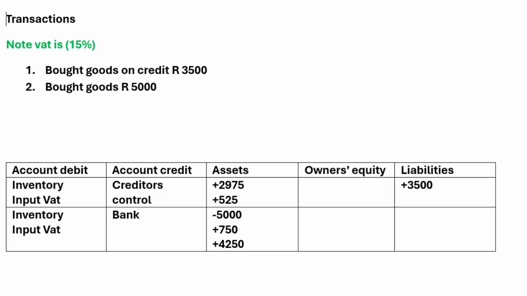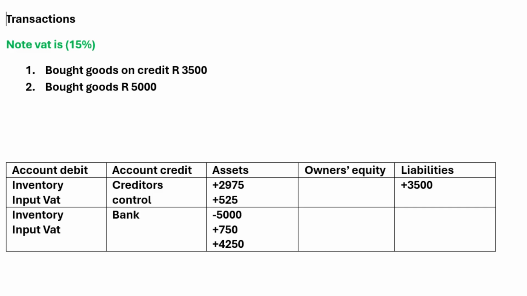And then we have our third account, which is input VAT. So I'll just give you a quick reminder of what input VAT is. So input VAT is the VAT that the business can claim back from SARS when they buy goods and services from other businesses.